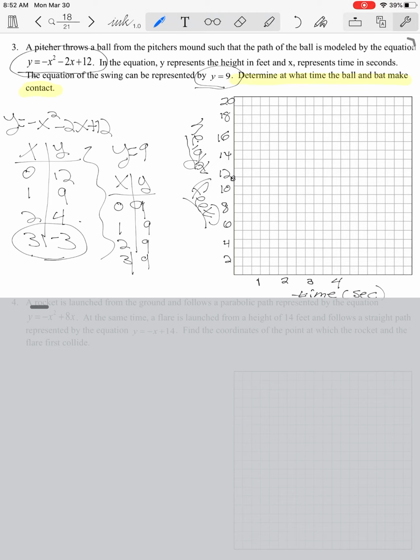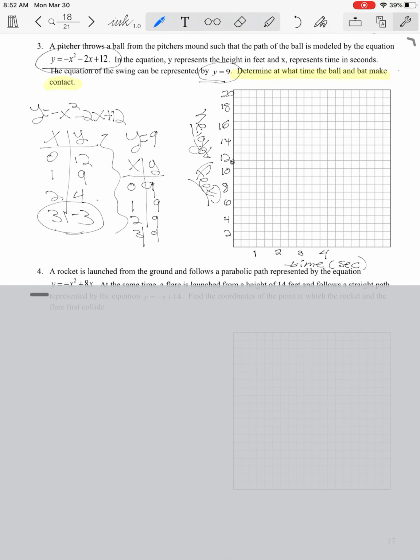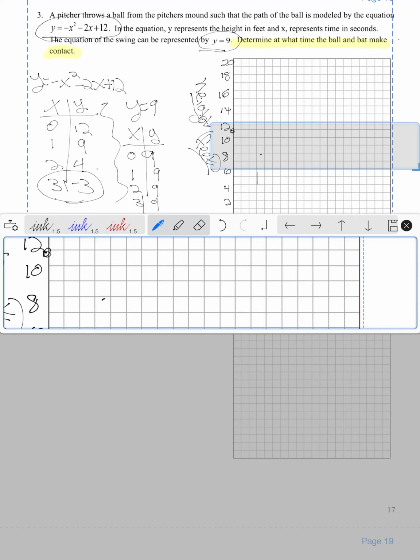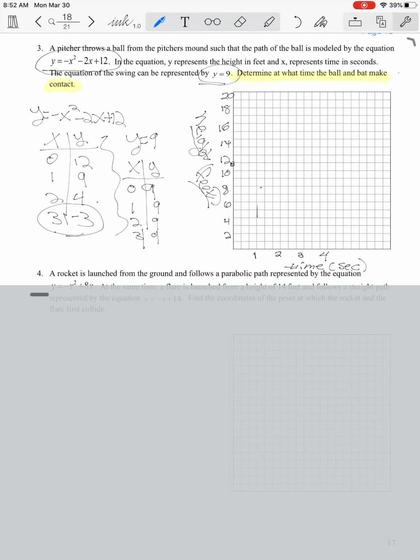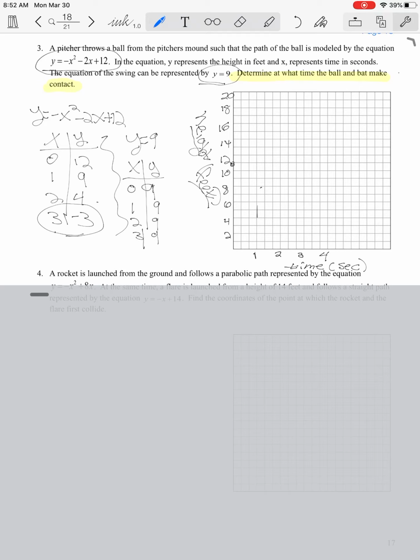So when we graph this, we'll first graph our parabola. 0, 12, 1, 9, 2, 4. And now I have 3, negative 3.